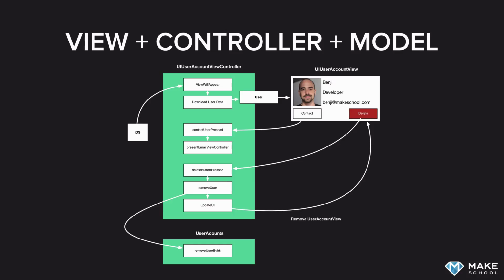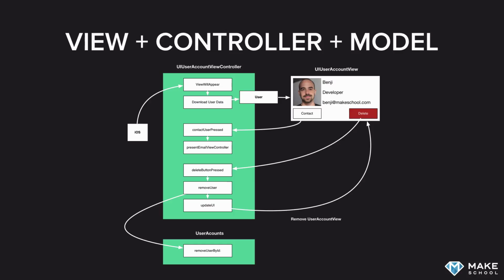When a user taps the delete button, we call a second method in the view controller, similar to the contact user pressed method. In this case, it is called delete button pressed. Now we perform a remove user method. This is something that should not happen inside of the view controller. Removing information in our app is typically something that belongs into the model layer.